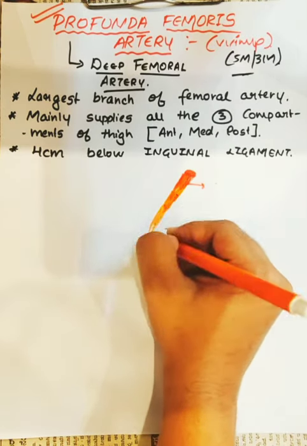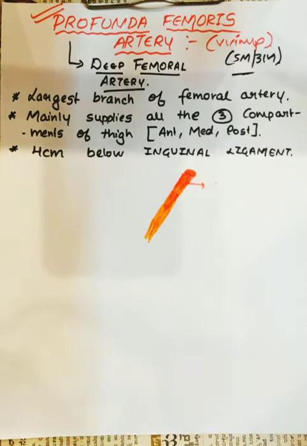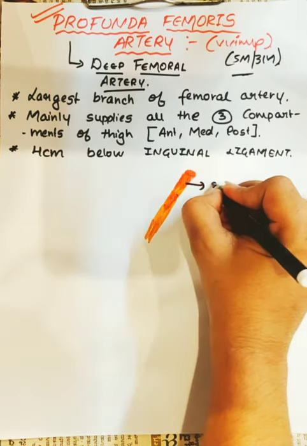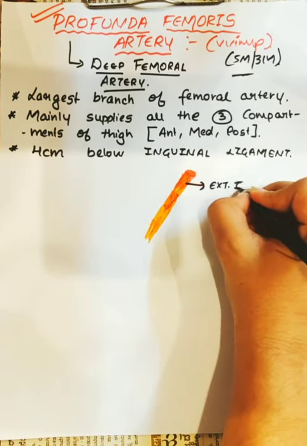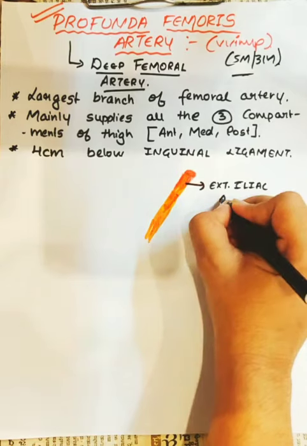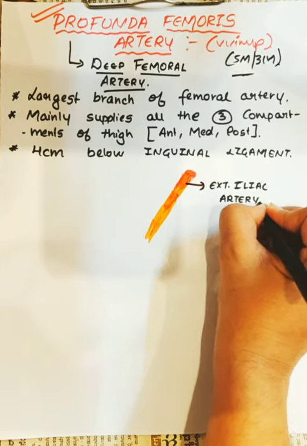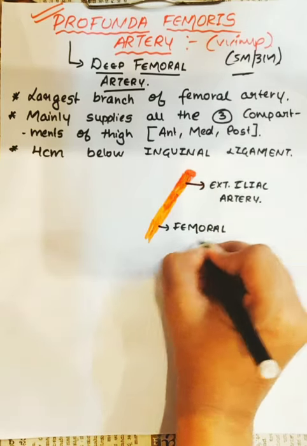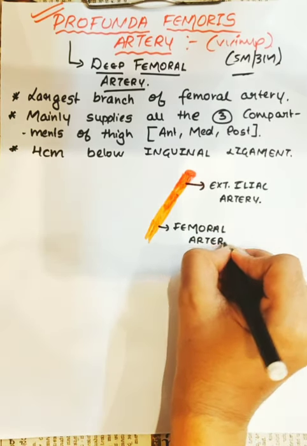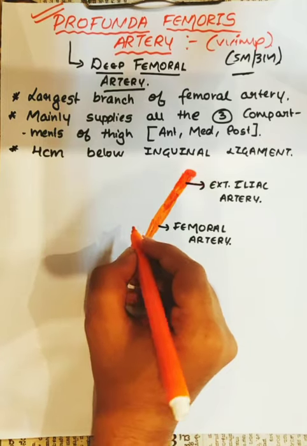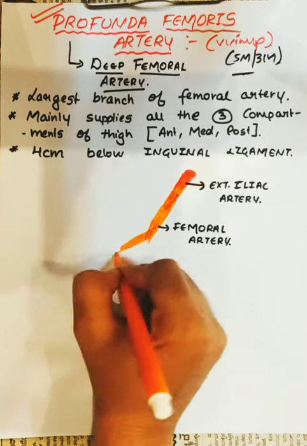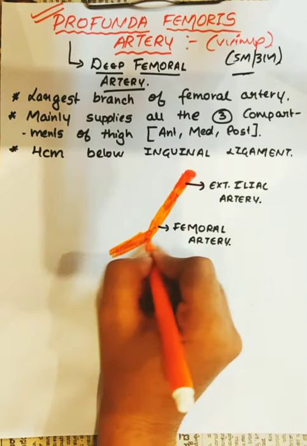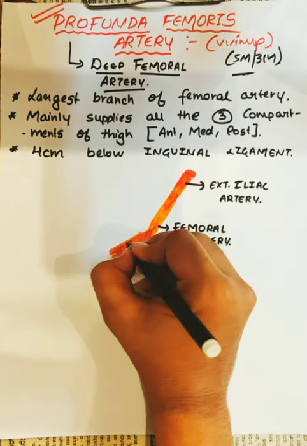So the external iliac artery becomes the femoral artery, and the femoral artery gives a branch to form the profunda femoris artery. So this is the profunda femoris artery.